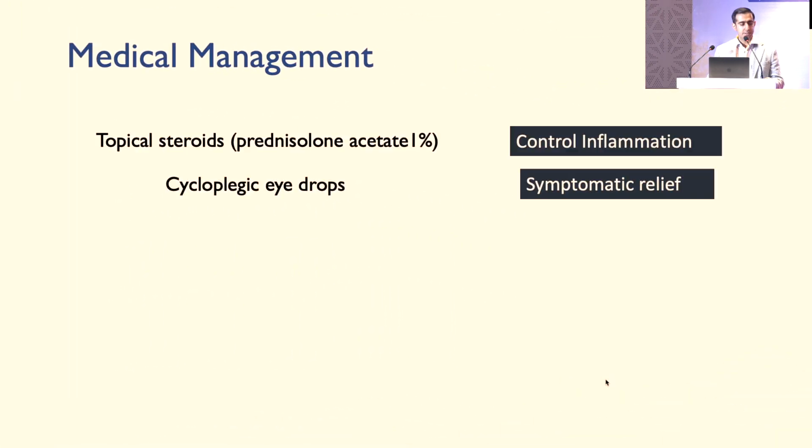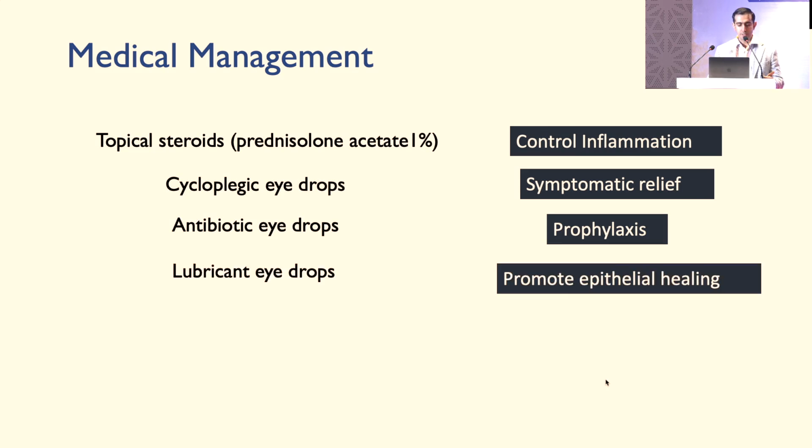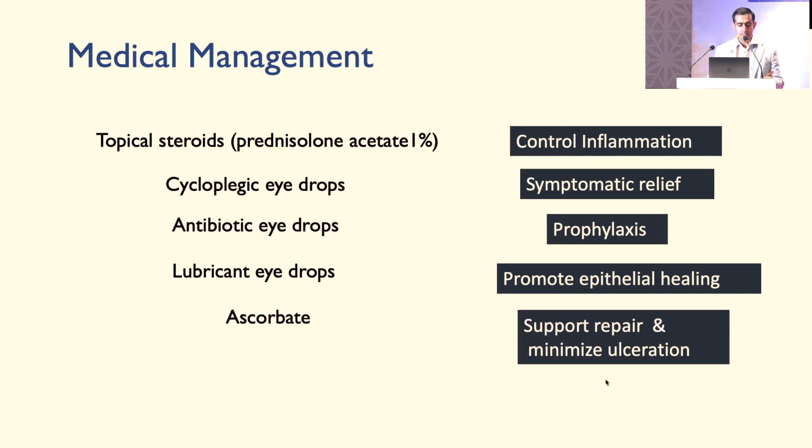So medical management includes topical steroids to control inflammation. You may have large epithelial defects initially, but it's important in these cases to start steroids quickly, because the first 8 to 10 days is when you want to start steroids. Afterwards, it can be counterproductive and cause collagen melt. So it's important to control the inflammation initially. Cycloplegic drops for symptomatic relief, antibiotic eye drops as prophylaxis, lubricants to promote epithelial healing.